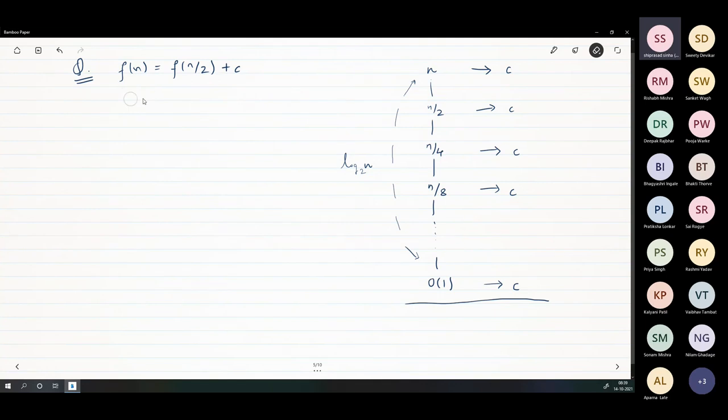Okay, look at this level. What did we do? We opened this up. So now f of n is equal to f of n by 2 plus c, and f of n by 2 is equal to f of n by 4 plus c. Let's add these two equations.